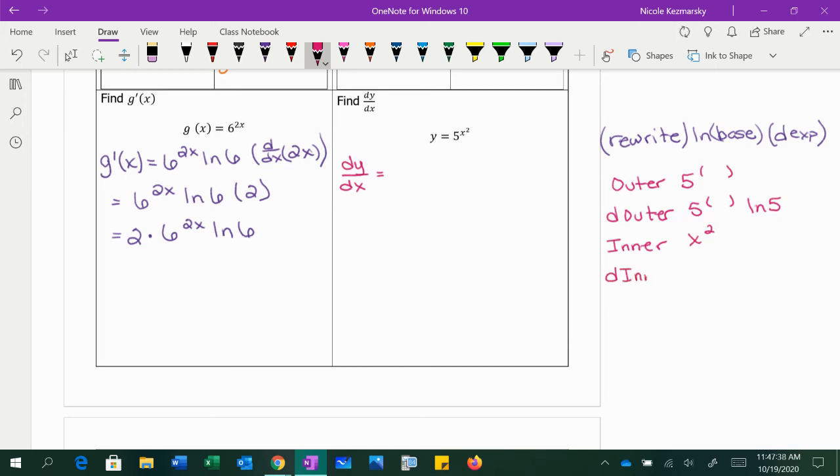Derivative of the inner is 2x. And so I could write 5 to the something, that something is x squared, so rewriting it. And then natural log of 5 times the derivative of the exponent. And then to clean this up, I would say 2x and then 5 to the x squared, natural log of 5.